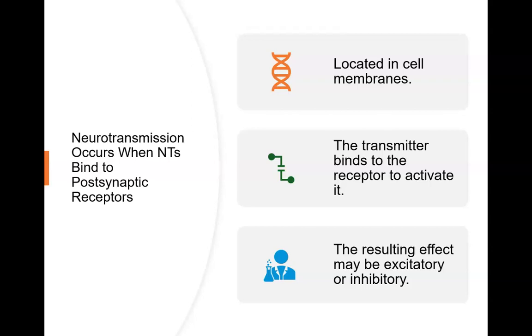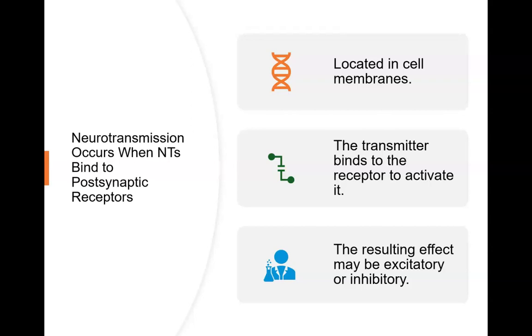Now, one thing that I will mention, in addition to postsynaptic receptors, your textbook briefly talks about what are known as autoreceptors. Oftentimes we talk about postsynaptic receptors, but there are also presynaptic receptors. Autoreceptors are receptors that occur on the membranes of a presynaptic cell.